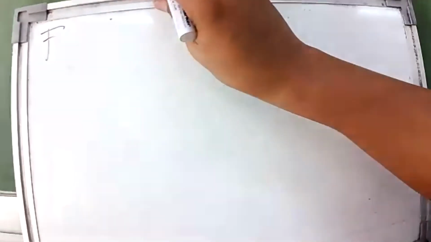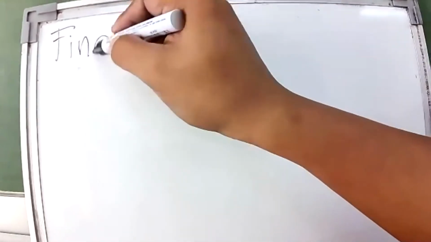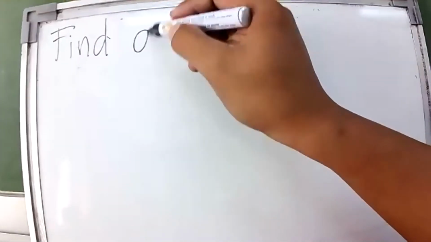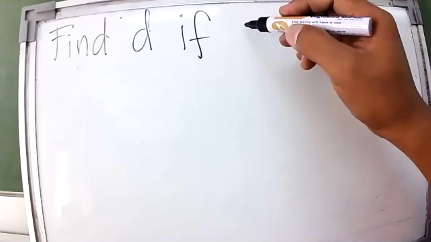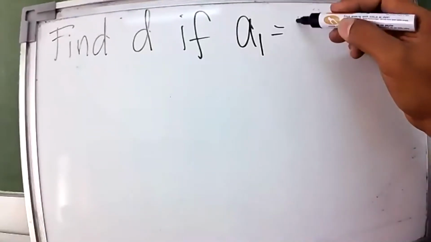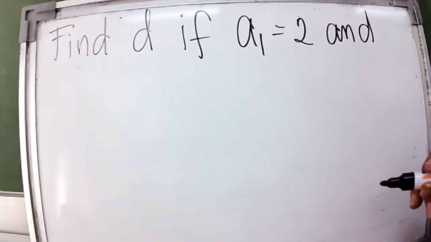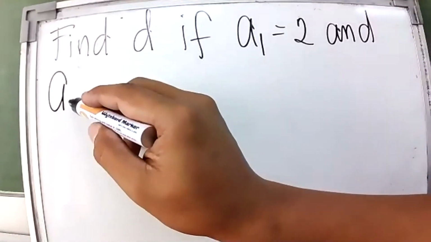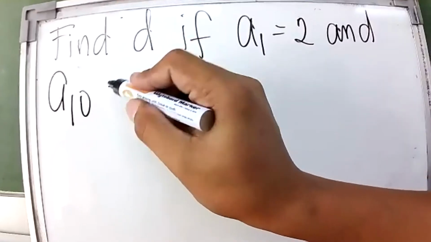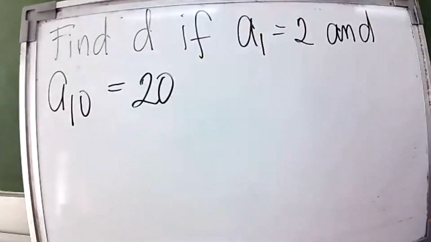Find d if a sub 1 is 2 and a sub 10 is 20.